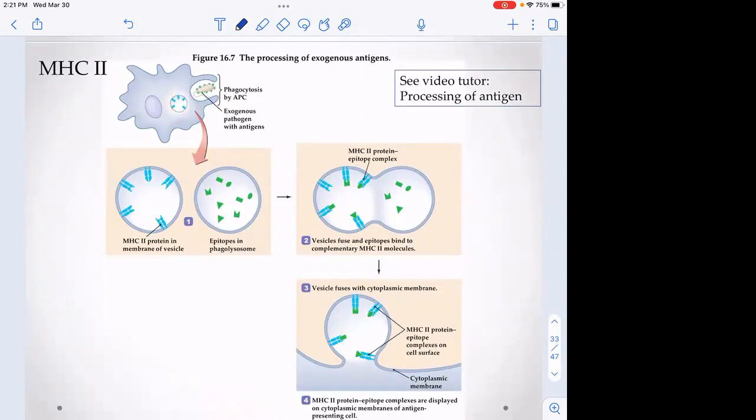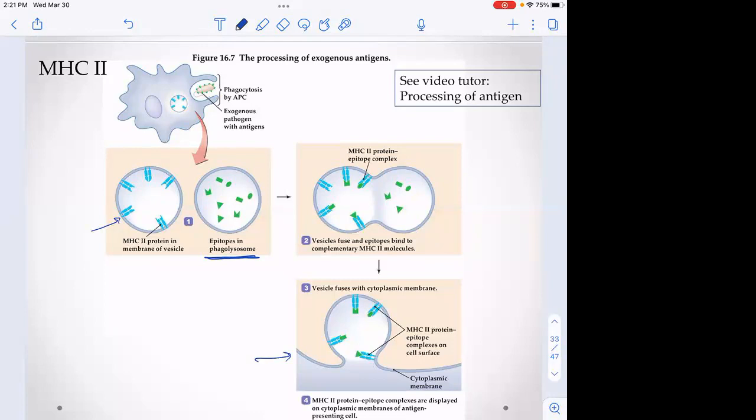They are phagocytizing some pathogen. The MHC class 2s pinch off from the ER and then fuse with the phagolysosome. After that pathogen has been consumed and chopped up, different epitopes will match up with the MHC.